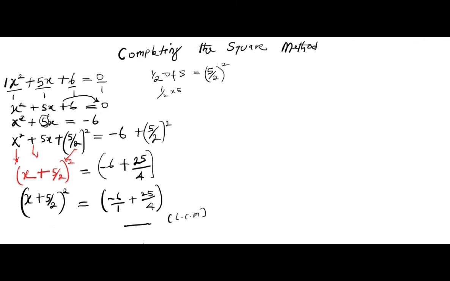The LCM here is 4. So you have 4 divided by 1, that is 4. 4 times negative 6, we have negative 24, plus 4 divided by 4, 1. 1 times 25, we have our 25 here.